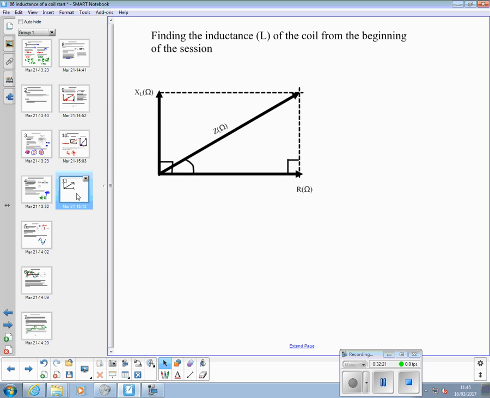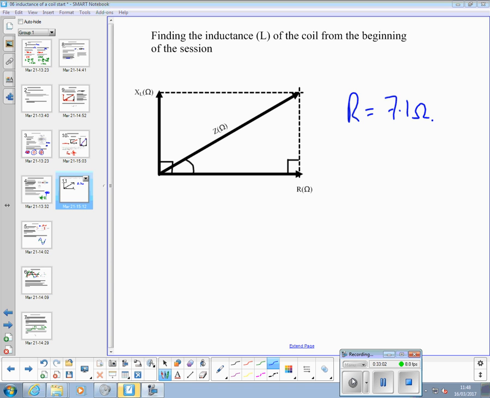So, guys, what we're going to do now is use that phasor diagram and the results we got from the experiment up front to determine what the inductance of that coil is in henries. So, what we need from this is, have we got a resistance value for that coil on the front page? 7.1 ohms.